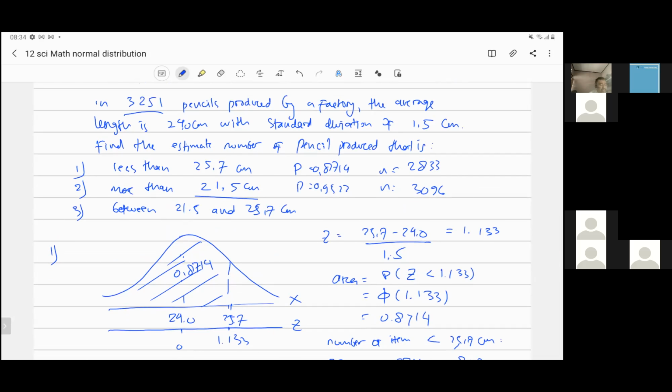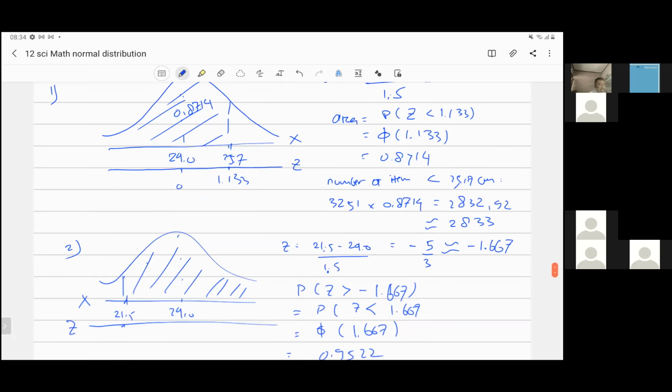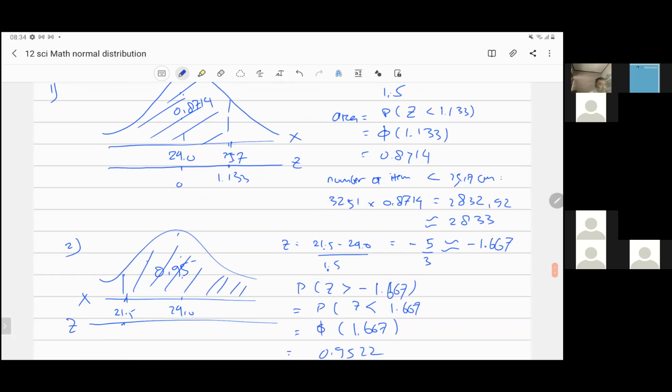But when it's more than 21.5, the area we found is 0.9522. That's the area above 21.5. Multiply by the total number to find the number of items there. Up until this, any question? No?